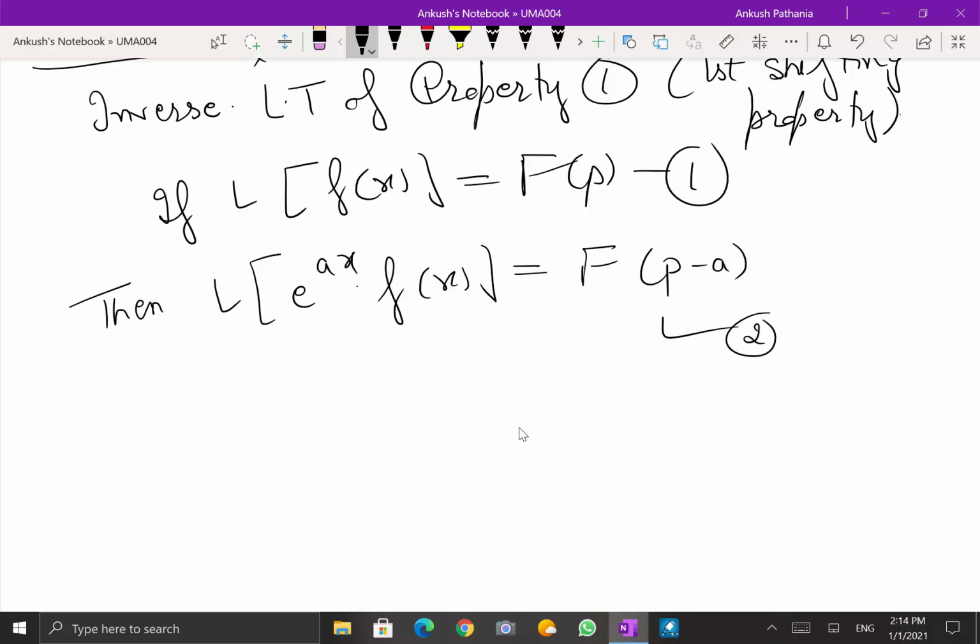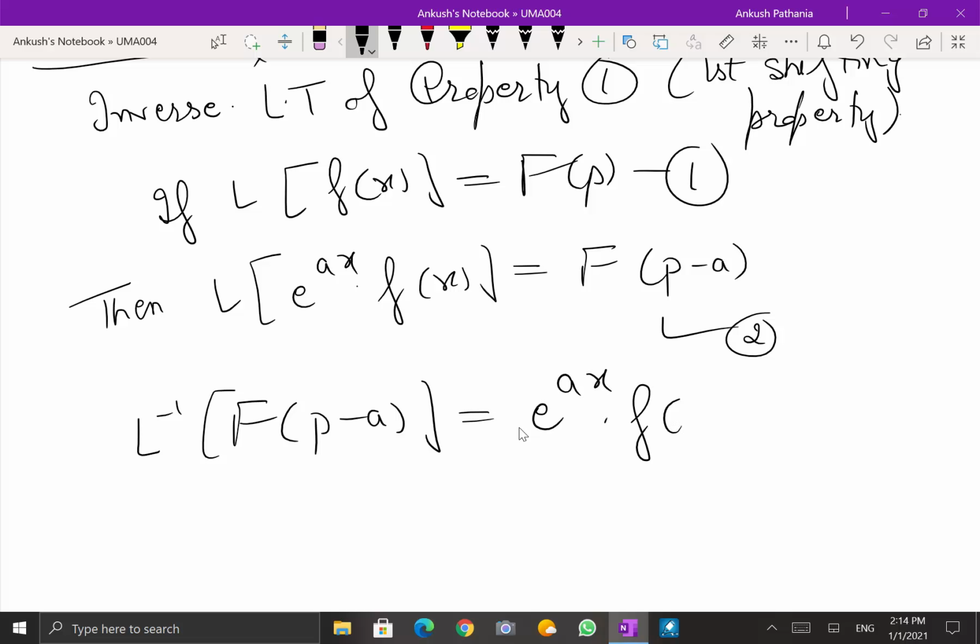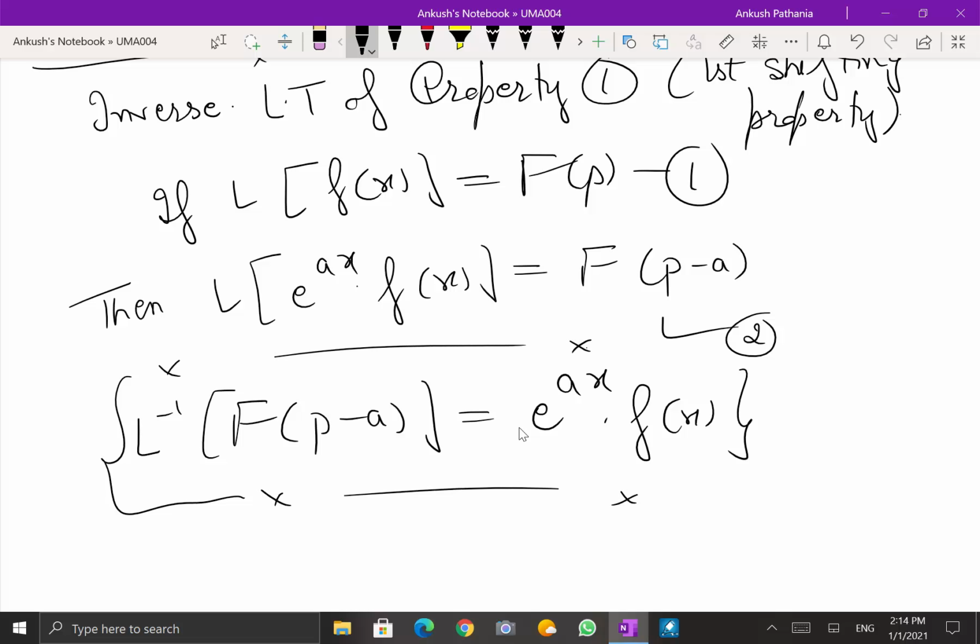This is the relation for the first shifting property. So the inverse says that Laplace inverse of F(p minus a) is equal to e^(ax) f(x). So this is the inverse of the first shifting property.